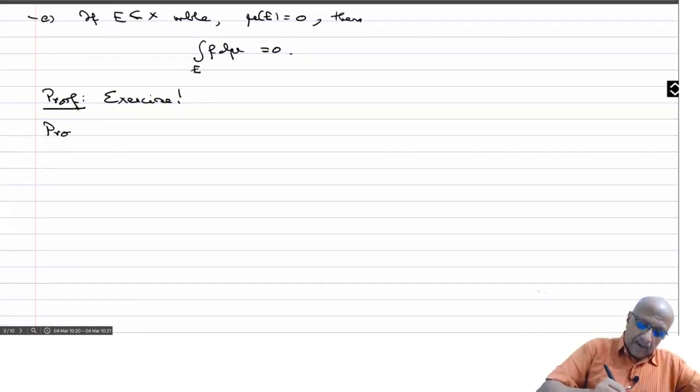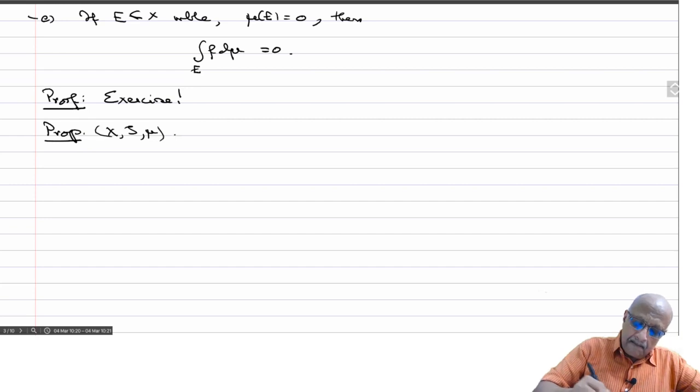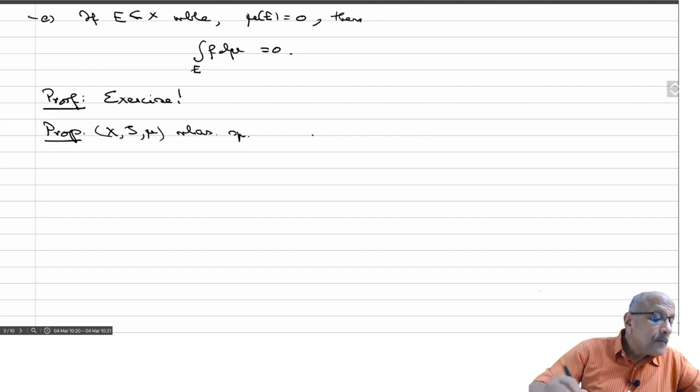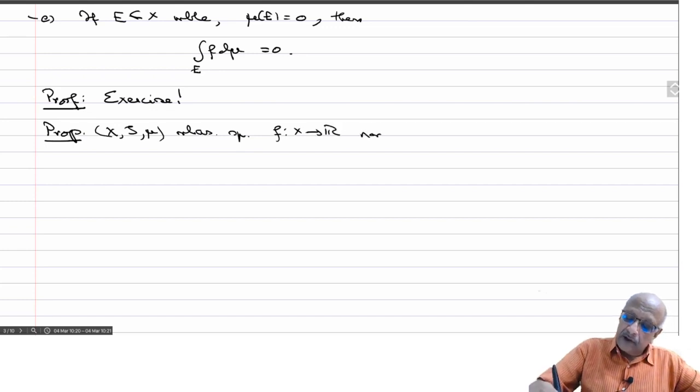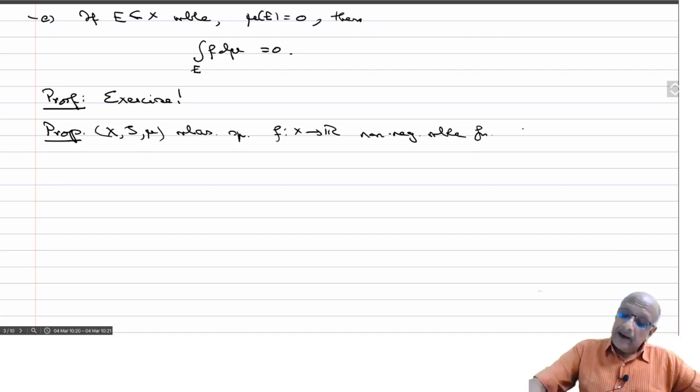Next proposition. Let (X, S, mu) be a measure space, f from X to R non-negative, so now a non-negative measurable function, and the integral over X of f d mu equal to 0.